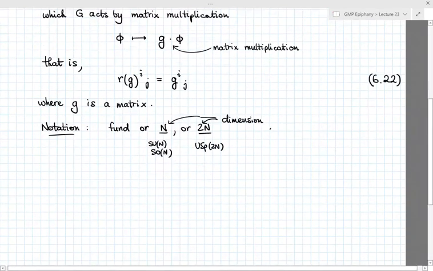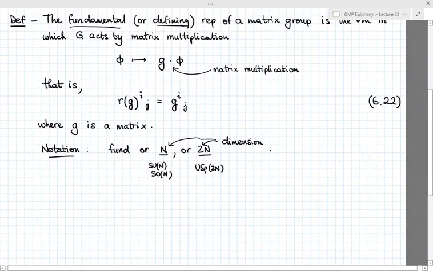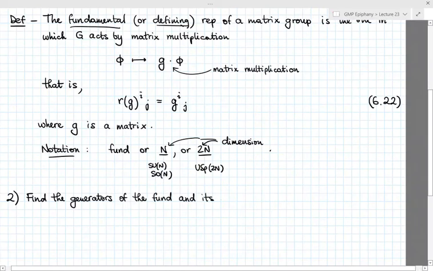Okay, now that we have this definition, let me assign the last part of the exercise, which is to find the generators of the fundamental and its complex conjugate representation, fundamental bar, for these classical groups, SU(N), SO(N), USp(2N).